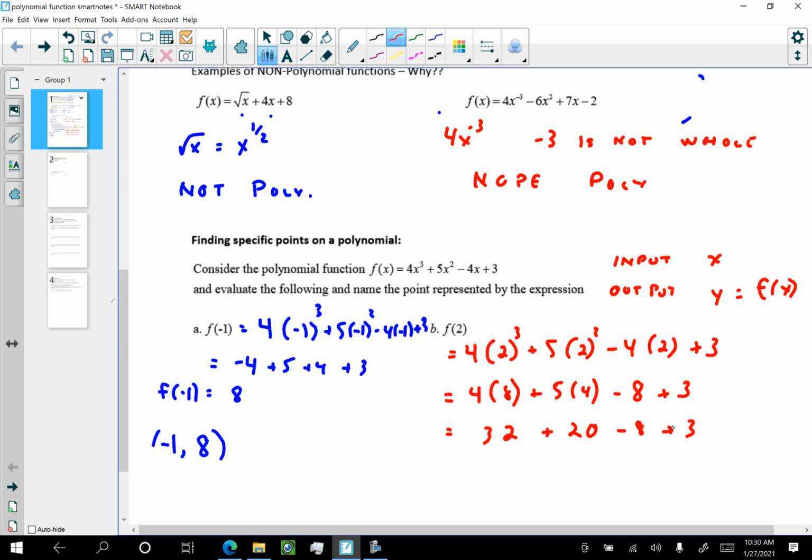And I can do that however I want. So this is going to be 52 minus 8 plus 3, which is 47. So f of 2 is 47.